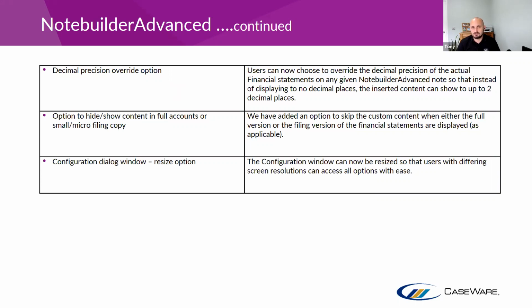So maybe the statements are rounded to thousands, and within the share capital note, you want to show decimals and want to be able to control that decimal level within a particular note, but not have decimals shown throughout the whole of the accounts. So now within NoteBuilder, you can activate a separate level of decimals for that note to give you more detailed disclosures and build more value into those disclosures and make them easier for the end users to understand what they are trying to say.